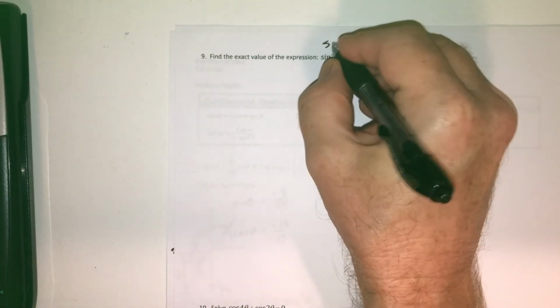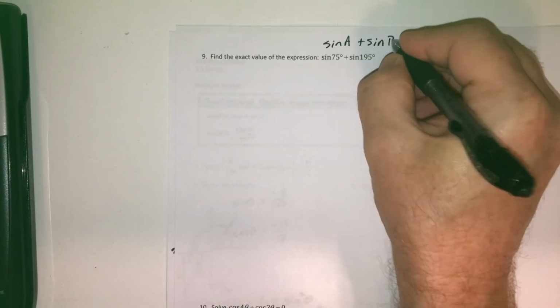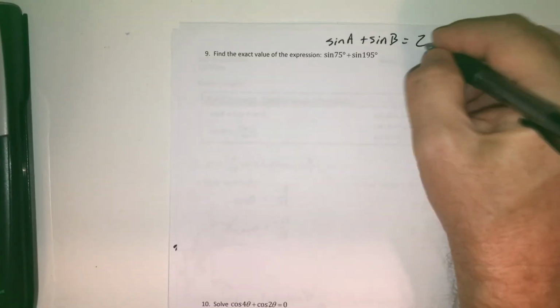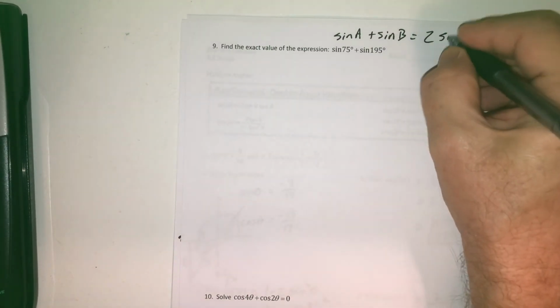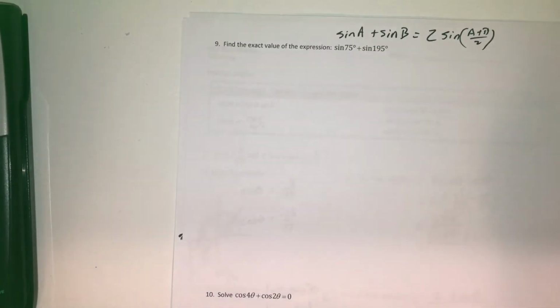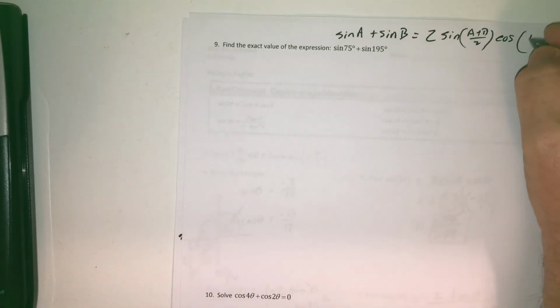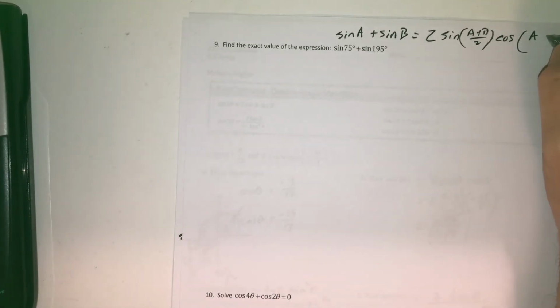And we know that the sine of A plus the sine of B is equal to 2 times the sine of A plus B over 2, the sine of the sum of A and B over 2, times the cosine of A minus B over 2. That's the identity we're going to use here.